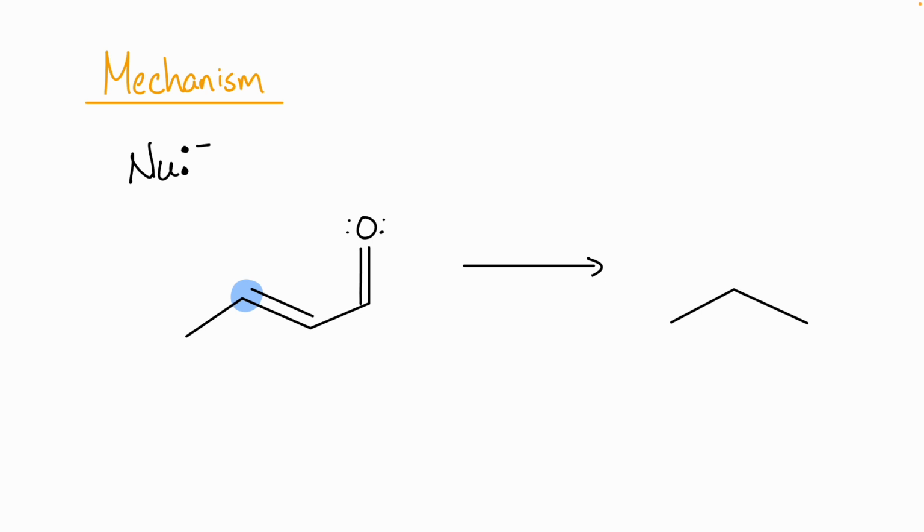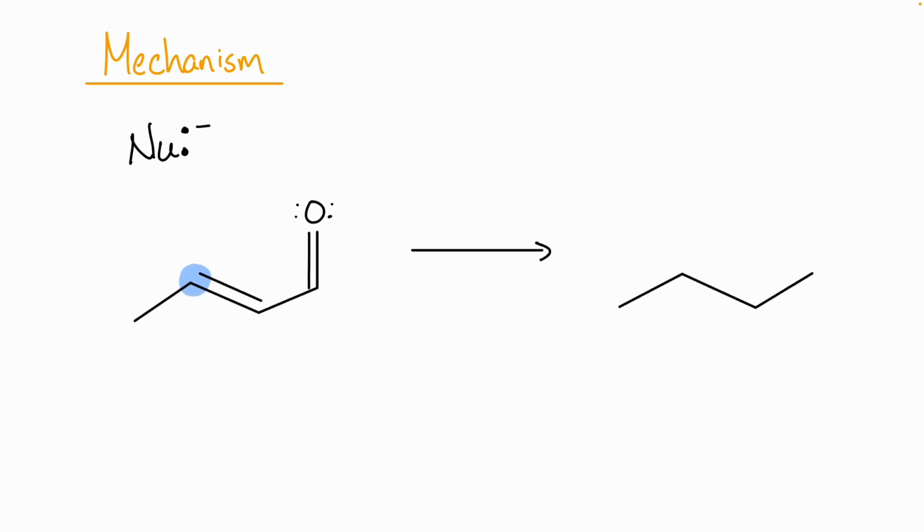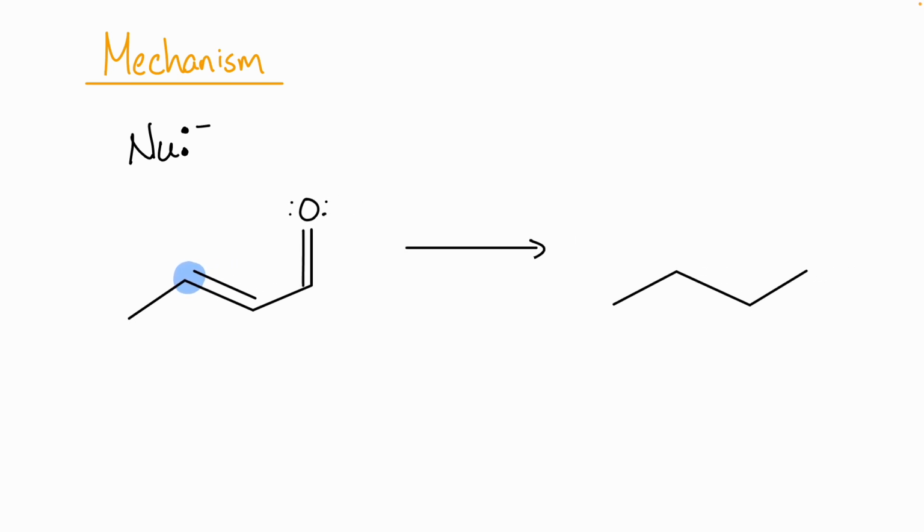We're going to retain that carbonyl bond, that electron withdrawing group, but now we have our nucleophile added to that beta carbon. And this is as far as we got last class, just looking at our products of these reactions, where our nucleophile has formed a new bond with the beta carbon here.